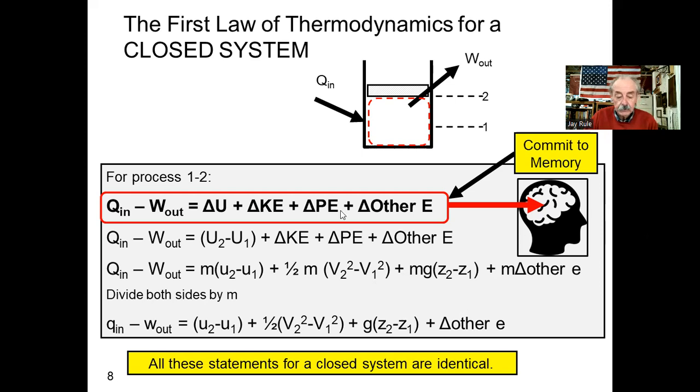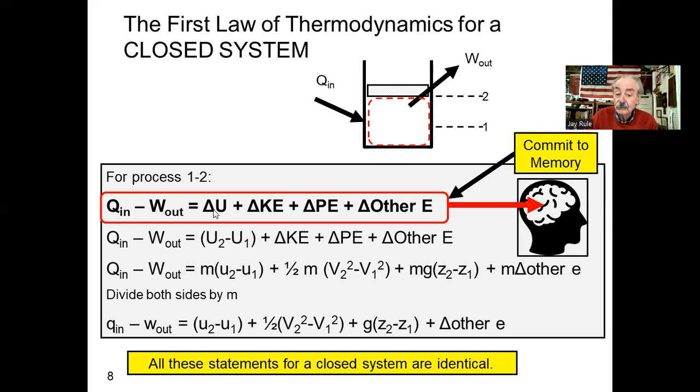Here we go. So you should commit this to memory. Q in minus work out equals, well, delta capital E, like the textbook. Well, what's delta capital E made up of?